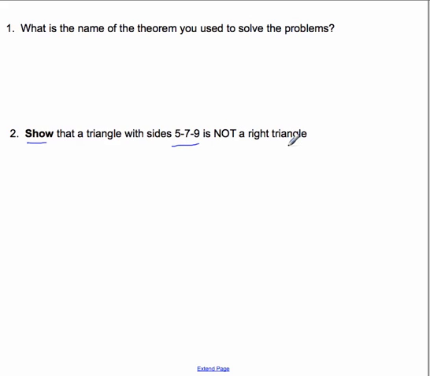So what we have to do here is what we call the converse of the Pythagorean theorem. That is, if c squared equals a squared plus b squared, then it is a right triangle. So if this were a right triangle, what would the hypotenuse be? It would have to be the longest side, which is 9. So it would have to look something like this, and we can test it.